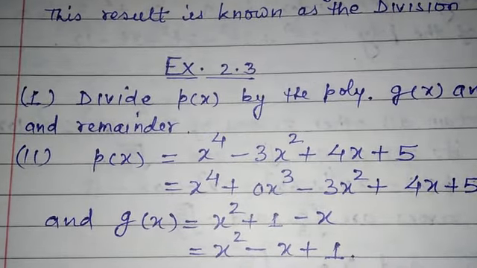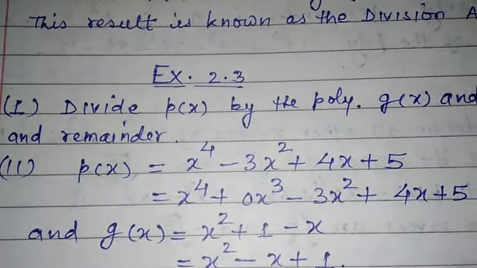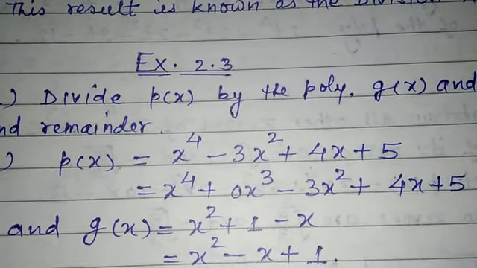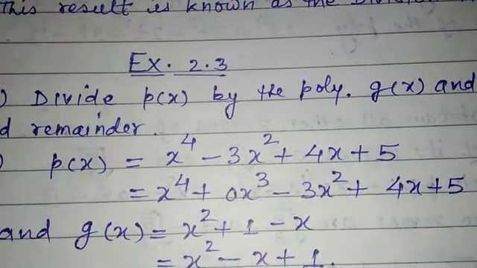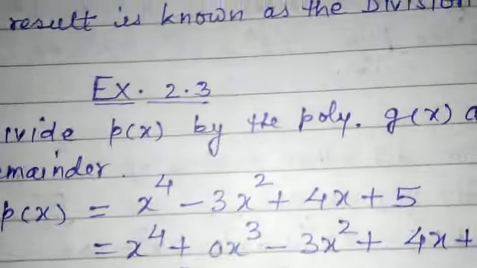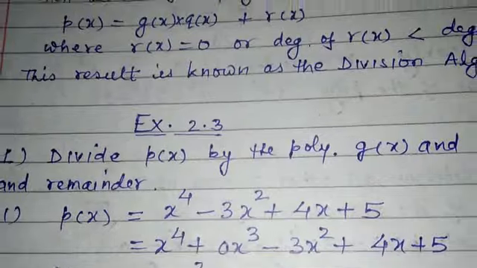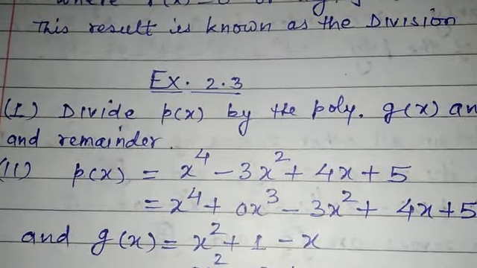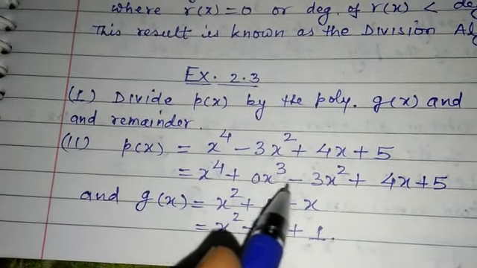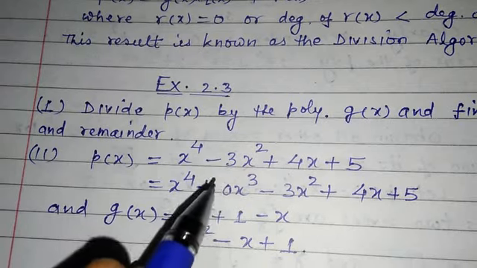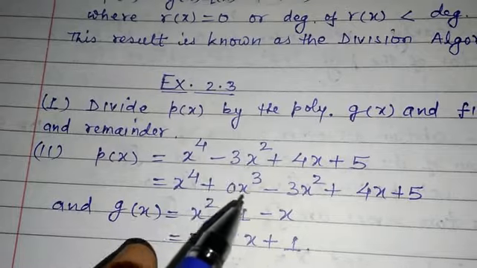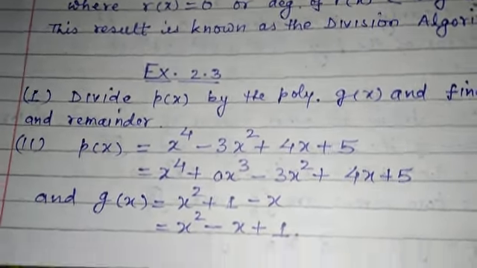Let p(x) equal x power 4 minus 3x square plus 4x plus 5. Here one term is missing, that is, the term containing x cube. So we can write it as x power 4 plus 0x cube minus 3x square plus 4x plus 5, because there is no term which contains x cube, so it can be written as 0 into x cube, that is 0.